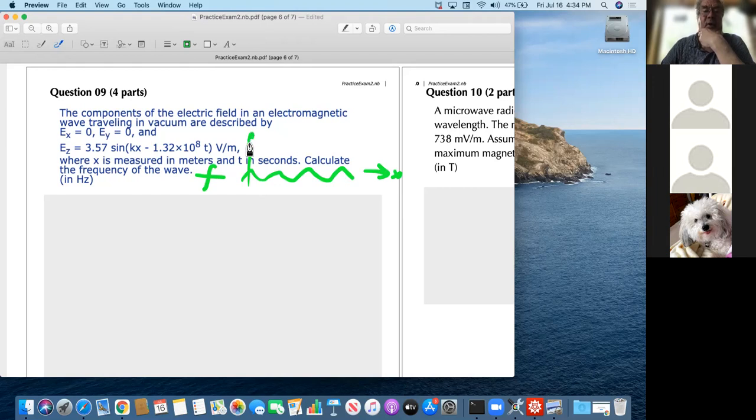If you're just standing at one point as the wave goes by you, you'll see an oscillation of the electric field. And the frequency is 1 over the period of that oscillation. Well, that depends on this parameter, which is not the frequency. That's the angular frequency.